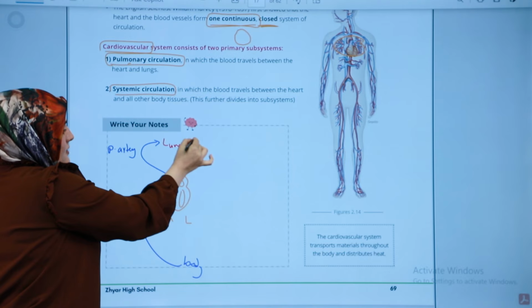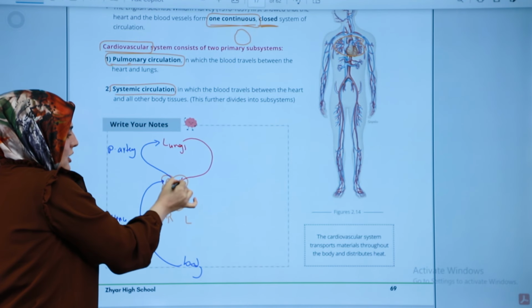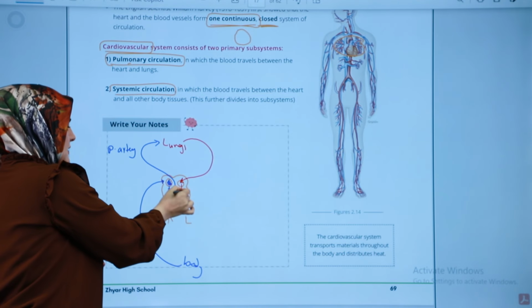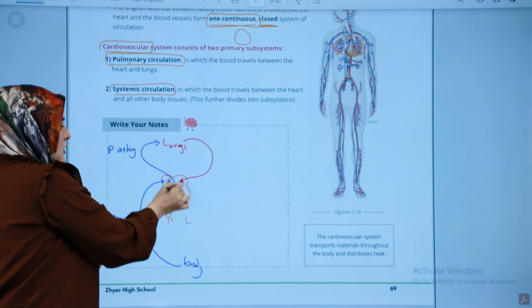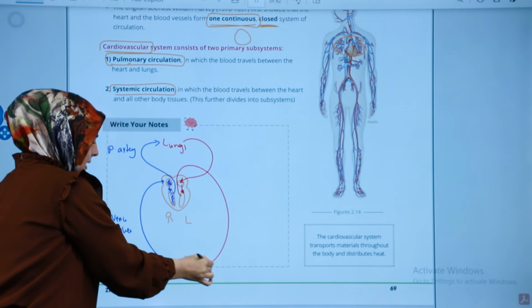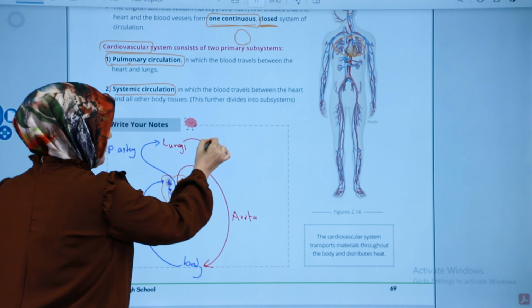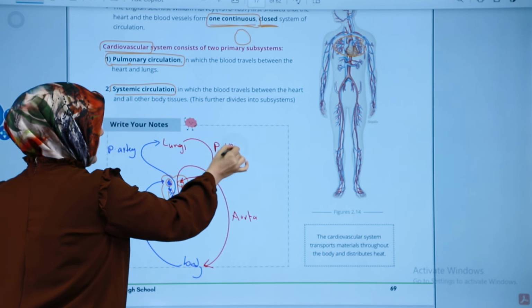And so it's going to be sent back to the left atrium, which is going to give it to the left ventricle, and it's going to be sent to the body through the aorta. The one that brought it back was the pulmonary vein, by the way.